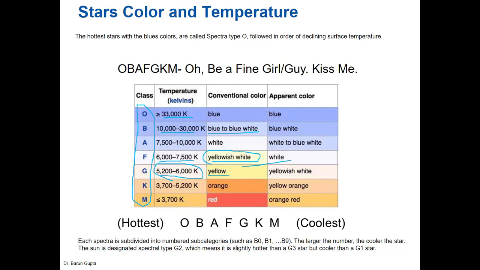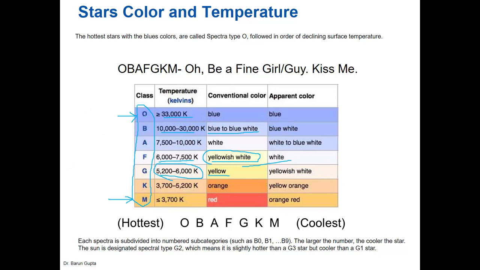So astronomers classify stars according to the surface temperature by assigning a spectral type. The hottest stars with the blue colors are called spectral type O. They call the cool stars, the red color stars, spectral type M. So if you see the class of the star, you should be able to tell if it is a cooler or hotter star.